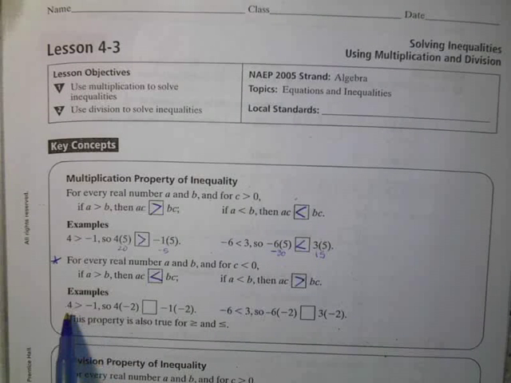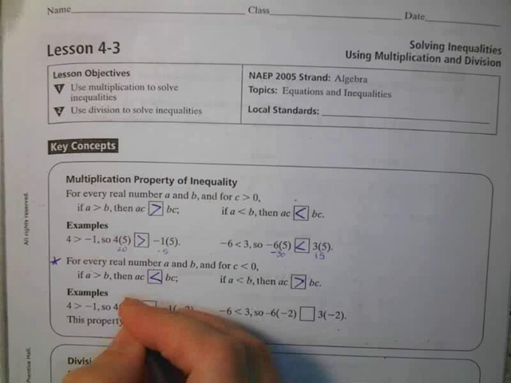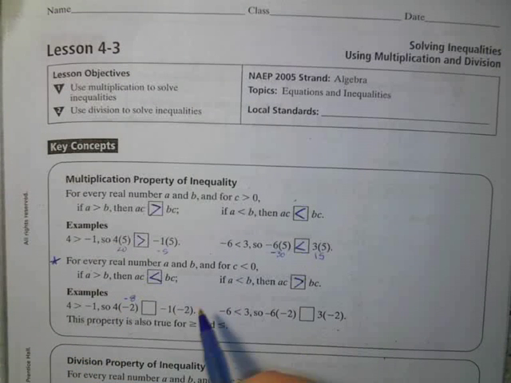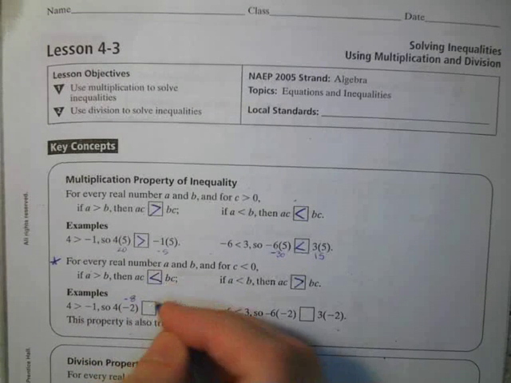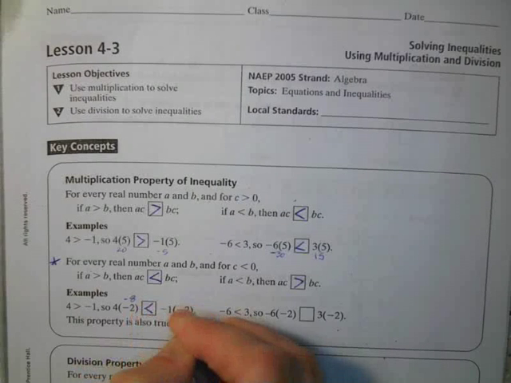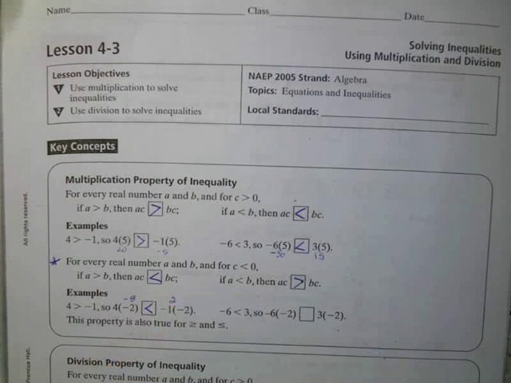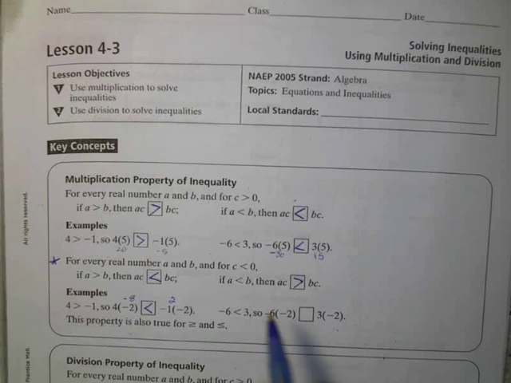Okay, so let's look. 4 is greater than -1. So 4 times -2, which is -8, is going to be less than -1 times -2, which is 2. So my inequality symbol had to reverse here.